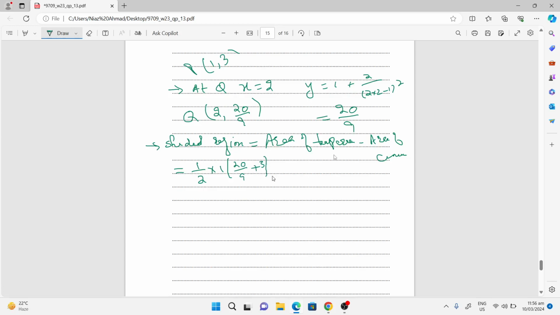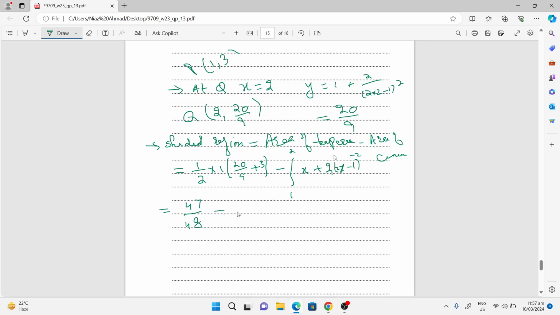So this is your area of trapezium, minus you need to do the integration, with limits 1 to 2 for the area. The integrand is x plus 2 into 2x minus 1 whole power negative 2. The first part gives you 47 over 18, using your calculator.